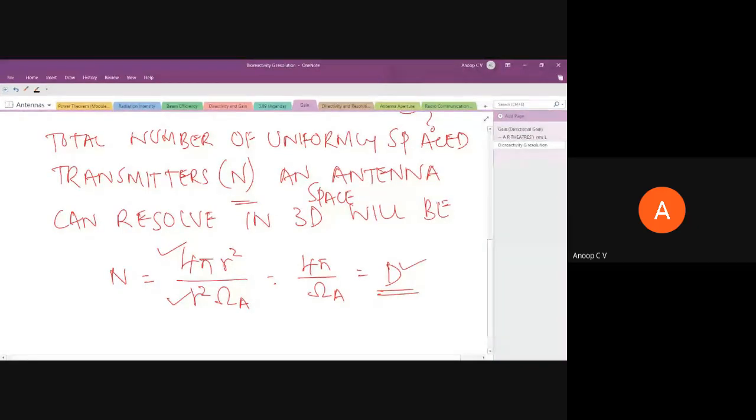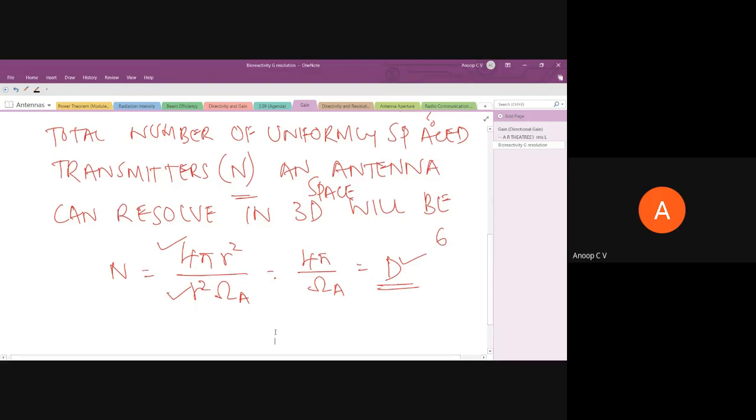So if I say the directivity of an antenna is equal to 6, it can resolve 6 different equally spaced transmitters on a sphere, which means when I say resolve, it can receive only from one particular transmitter without any interference from the others, right? That is meant by the resolution.